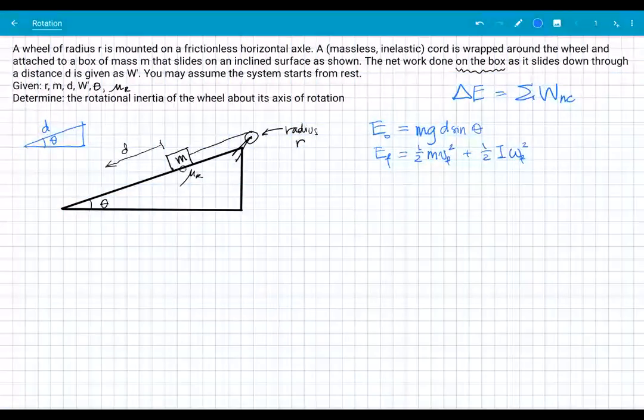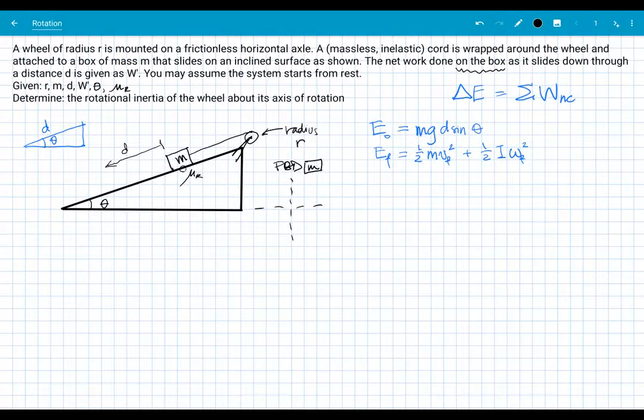And then, of course, I need to think about the works done by my non-conservative forces here. What we should do is pause and do a quick free body diagram for the block, just to make sure that we're on track with what we're considering. So we would have the force of tension to the right.